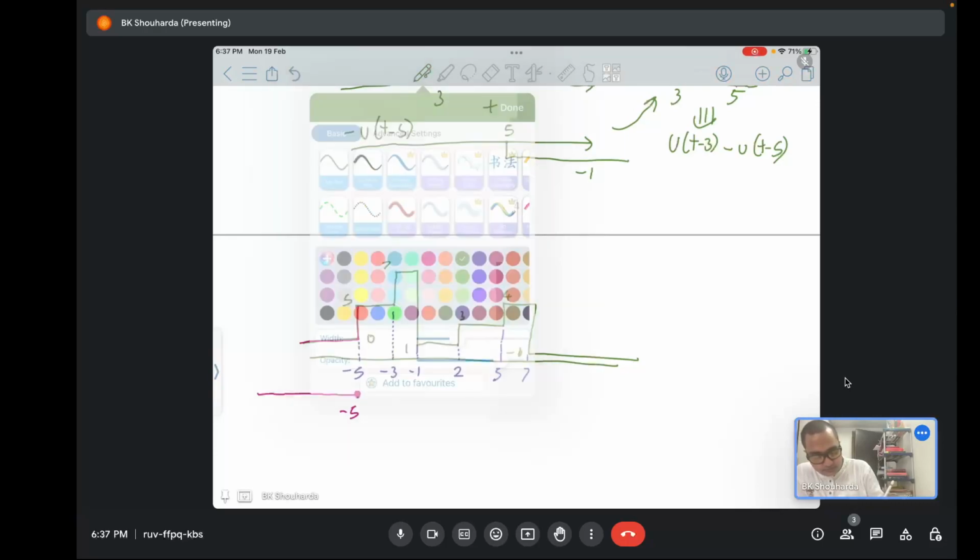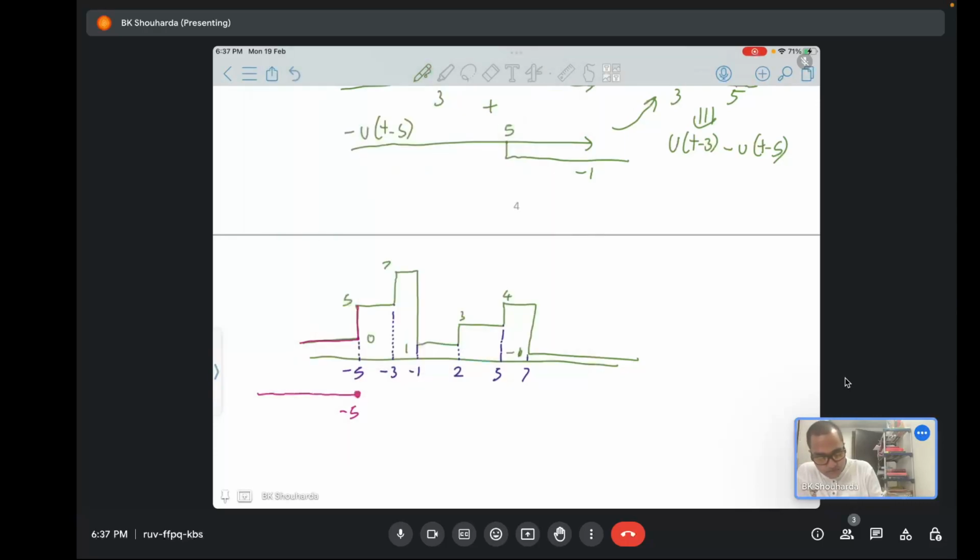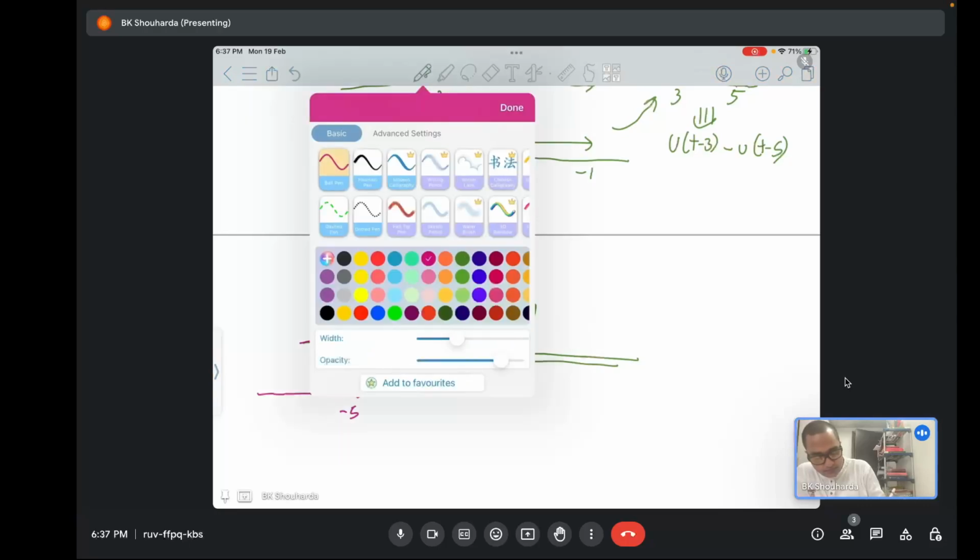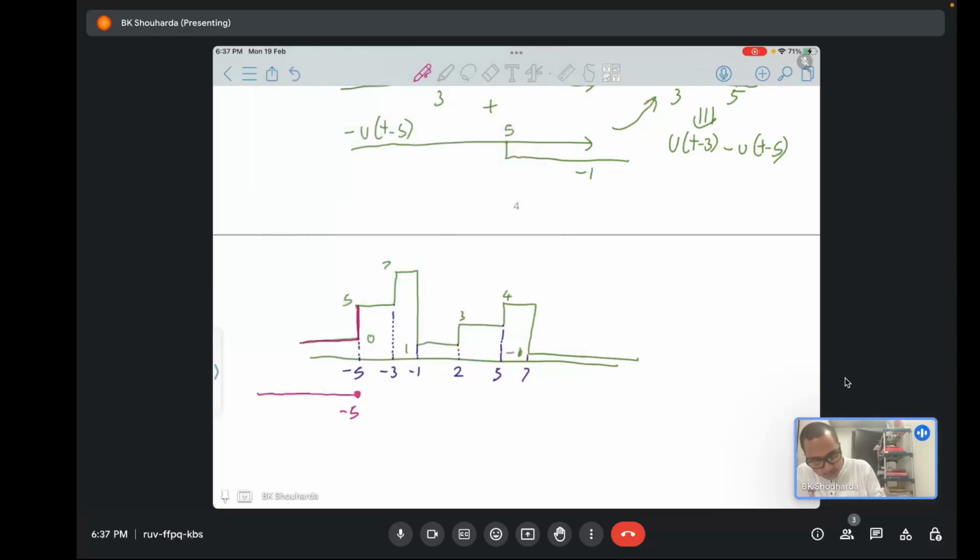So we start from 0 and we encounter a jump. And what is the height of this jump? The height of this jump is 5 minus 0, that's 5.